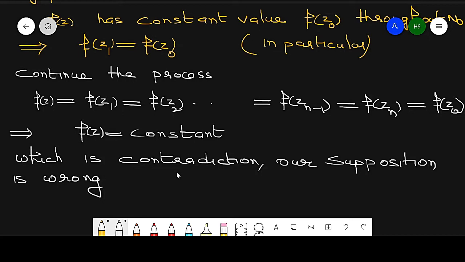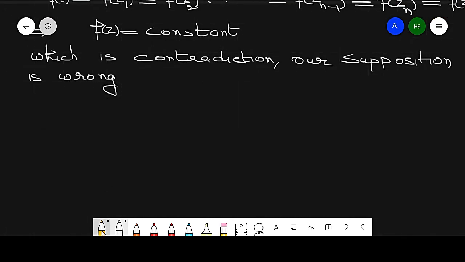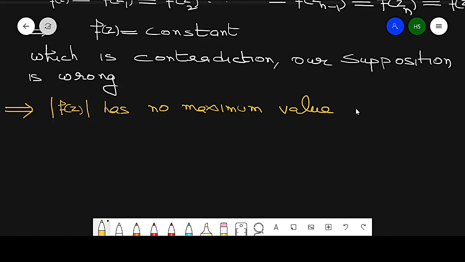We assumed that f(z) has maximum value at some point z naught in D. If that is wrong, then f of z has no maximum value inside D. So this proves the maximum modulus principle.